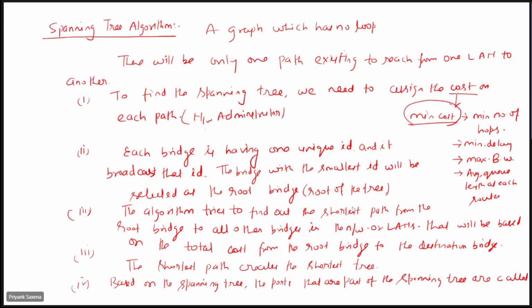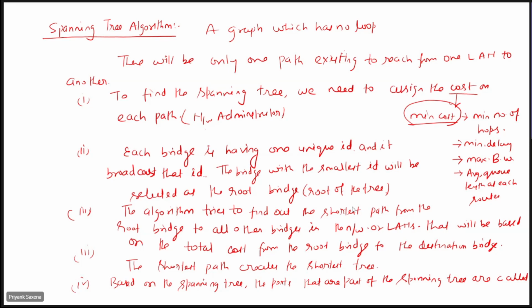Once the root bridge is selected, we find the path from the root bridge to all other bridges with the smallest cost.